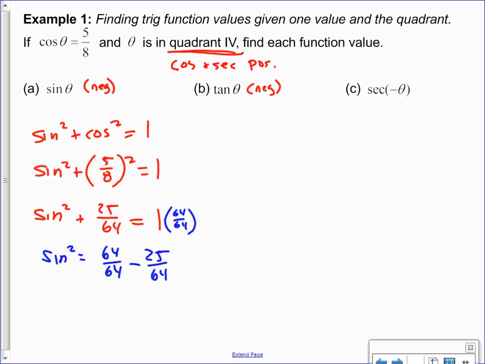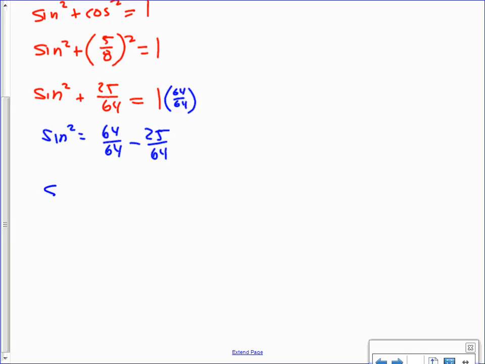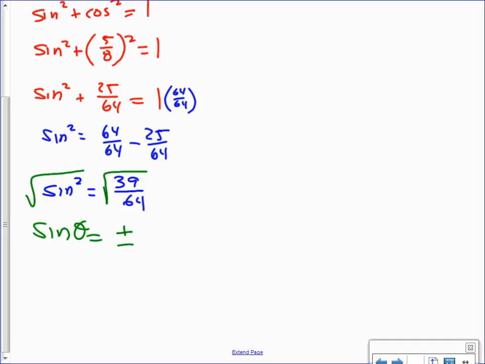Here we go. 64 minus 25 is 39 over 64. Now, if you remember back to Algebra 2, to solve a square, just square root both sides. But don't forget the plus or minus, right?